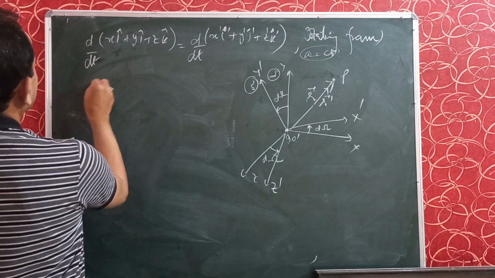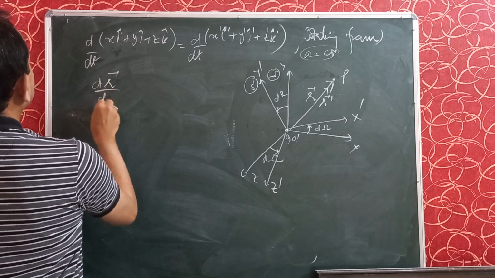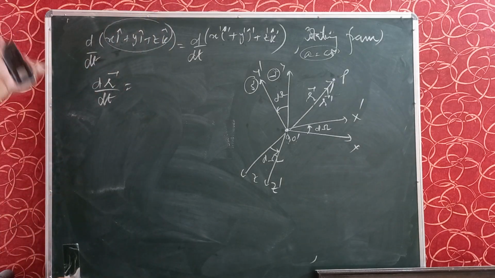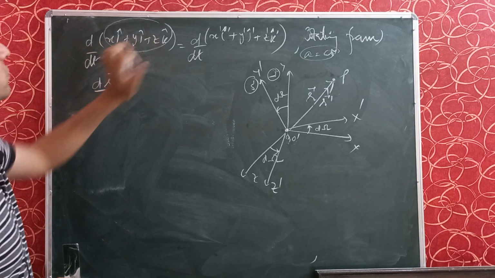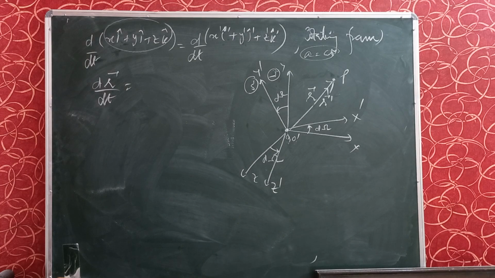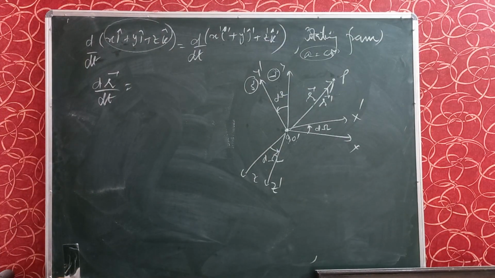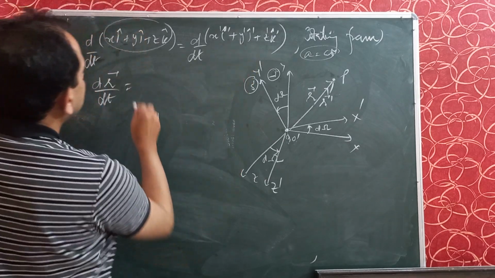I am writing this as dr by dt because for r there is no change. So, we will not solve these three components, we will solve only the dash components. Our interest is to solve the dash components. So, what is the derivative on the right hand side?